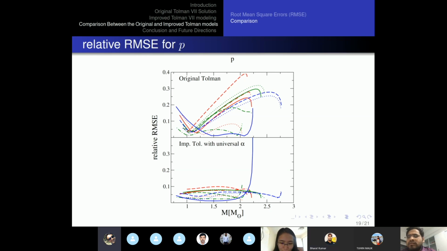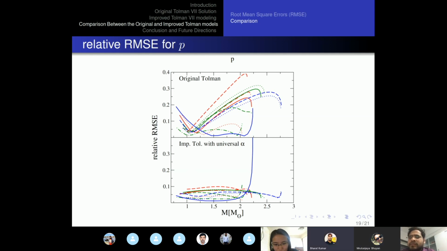Okay. Because here in the upper panel and the lower panel, it is clearly visible that the relative error of the original Tolman and improved Tolman with universal parameter alpha gets improved, except for the blue color one, the Shen equation of state, where it is not very perfect.